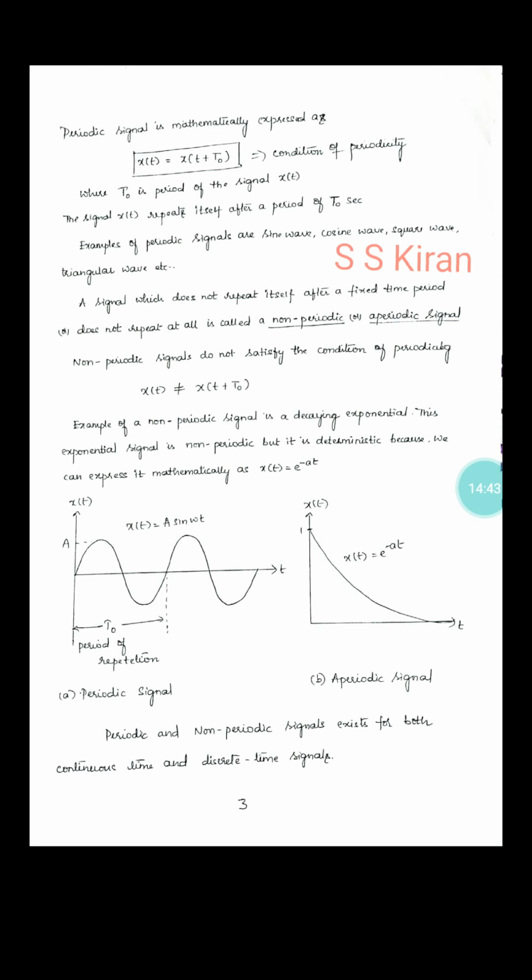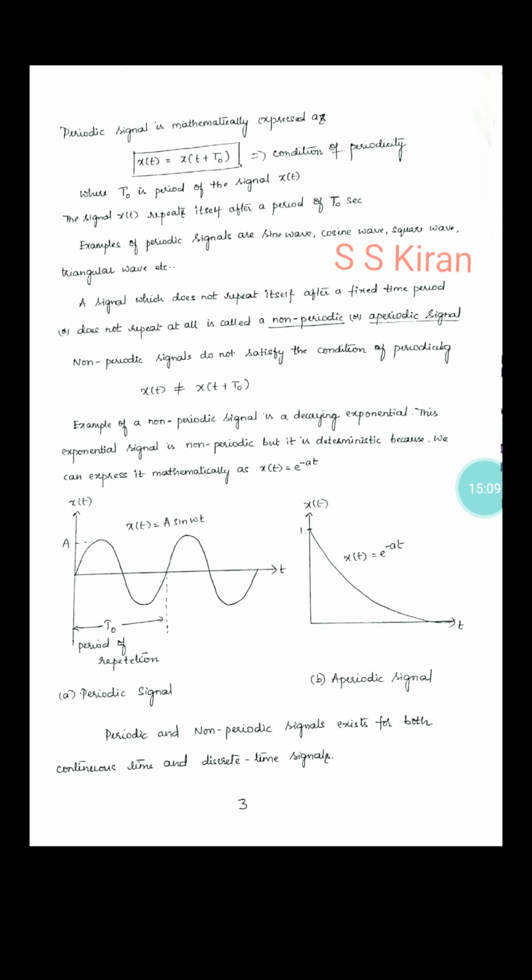Examples: sine wave, cosine wave, square wave, triangle wave. Coming to non-periodic, non-periodic signals are also called aperiodic signals. It does not repeat itself after a fixed time period. Very important: if it repeats itself, it is called periodic; if it does not repeat itself, it is called non-periodic.